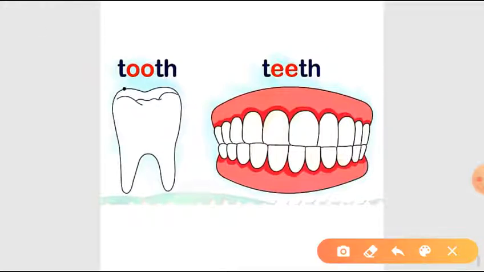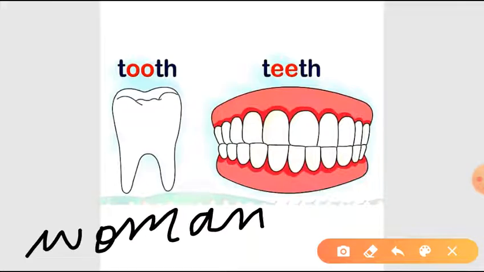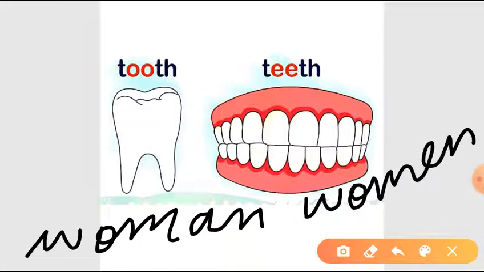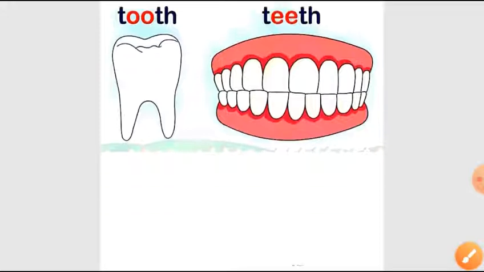Same is here. Tooth, teeth, singular, plural. You can take another example also like woman, women. Here also we have changed the inside vowel, but here o is not changed, as you can see. So it is not a rule.